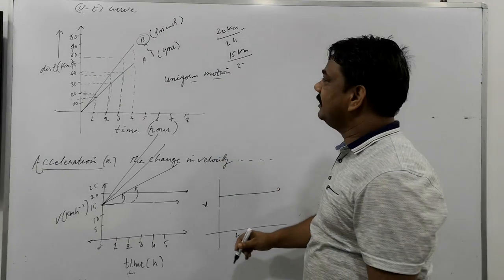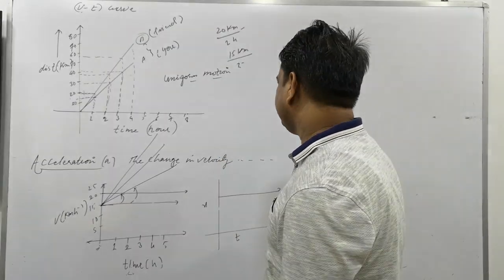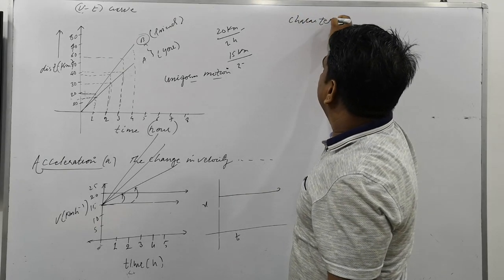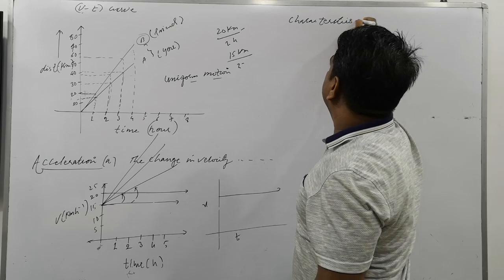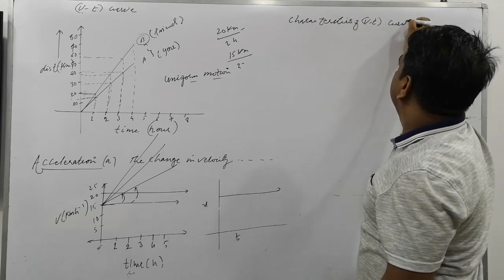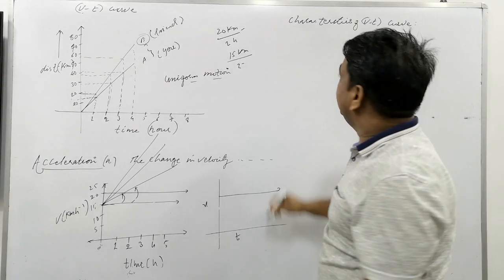So go on writing about the VT curve. Please write here: Characteristics of VT curve. What is the first?